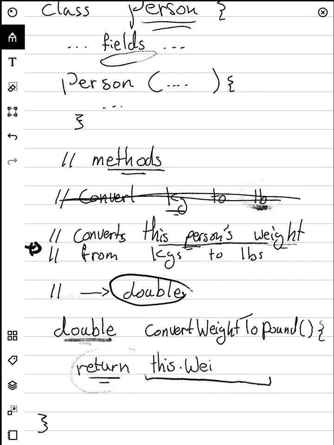It's going to be this specific person's weight, and then an asterisk is going to be a multiplier, and then 2.20462, and a semicolon because this is Java and everything always ends with a semicolon.